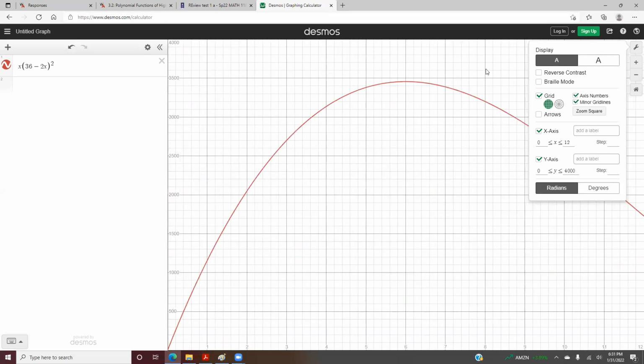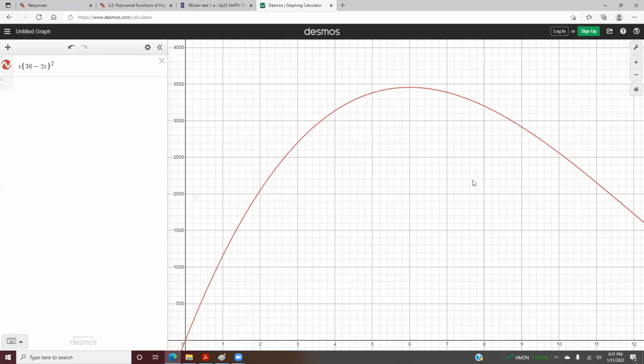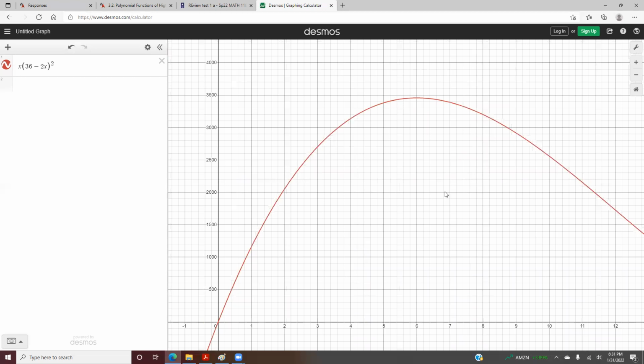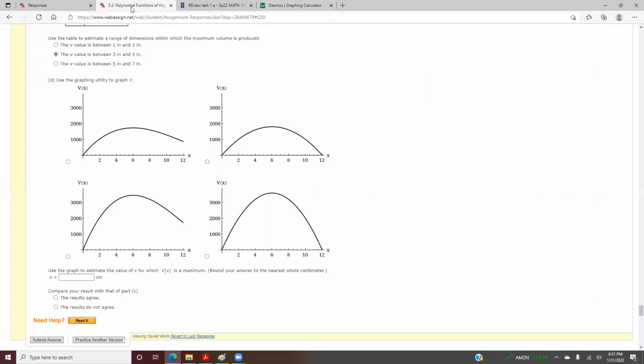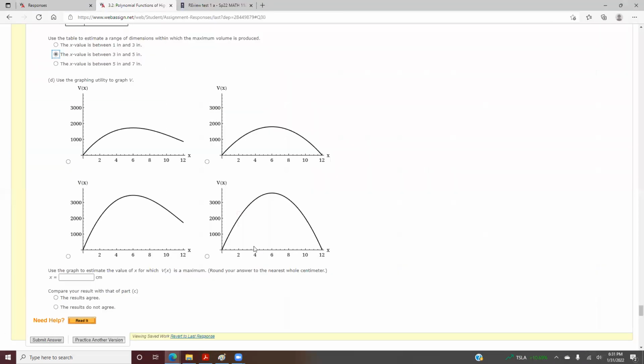So you just click on this little tool here that is to change your display. So this is what your answer will look like. I just zoomed out a little bit so you can see. So that graph, if you compare it with your answer, let's see what it looks like. I think you guys know how to compare your graphs here.